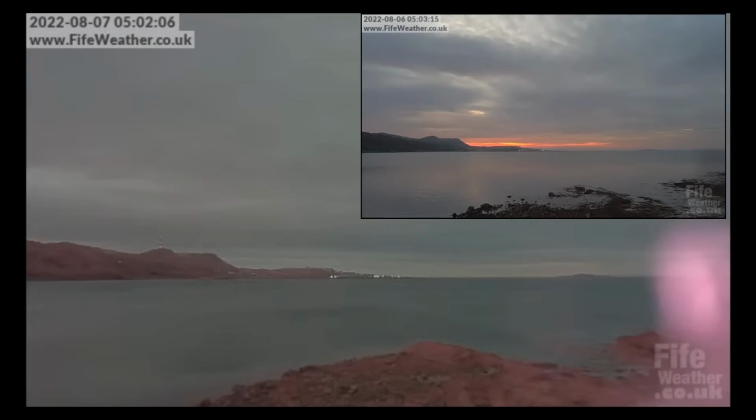As you can see on the far left side, on the August 7th picture, we still have this purple patch, which shows us that the night mode camera is still on.